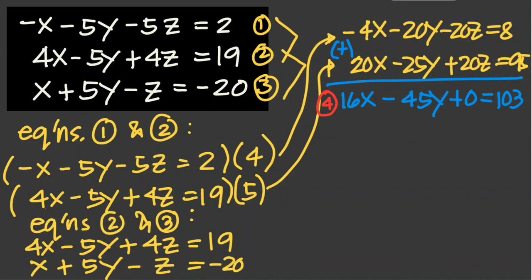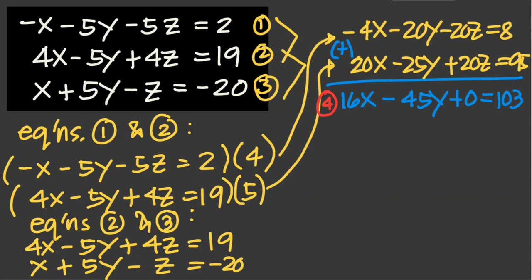Now we eliminate the same variable. We eliminated z in the first step we did, so we need to eliminate z here too.